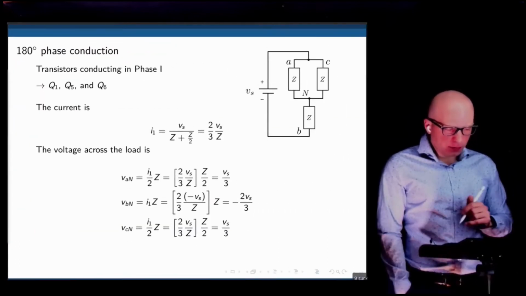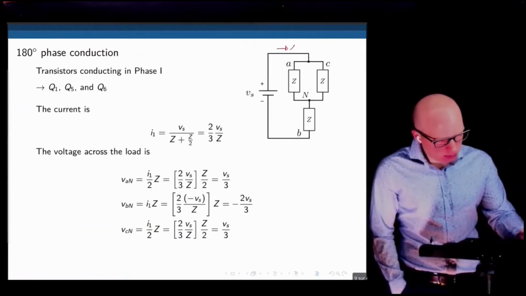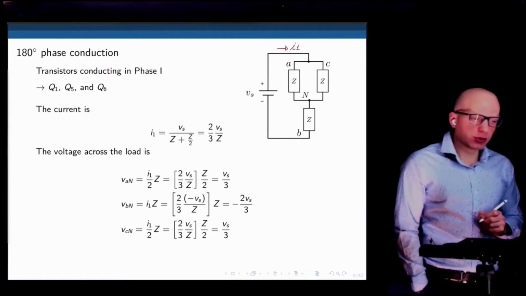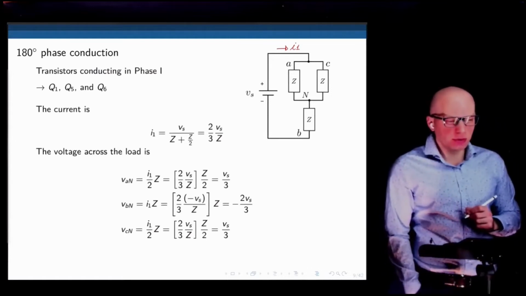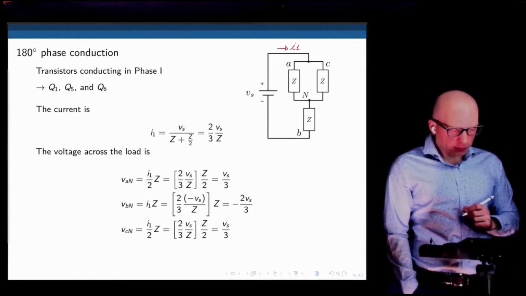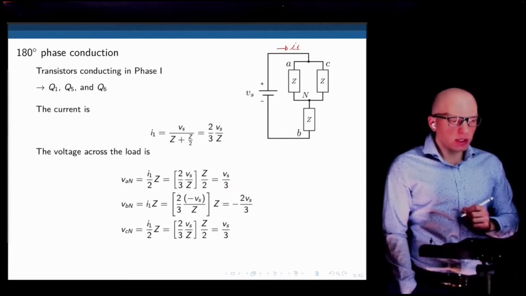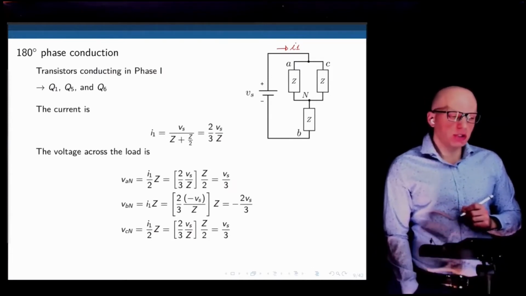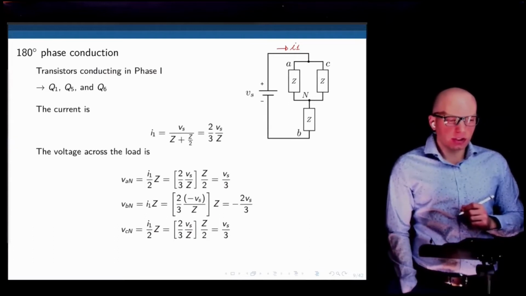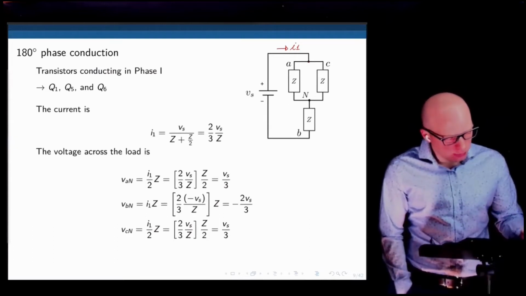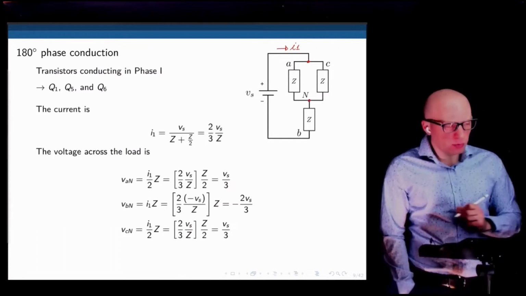Okay. So if this is the current I1 flowing through the source and through the load, we have 2/3 of Vs over Z. And now we can calculate the respective voltages across each branch of the load. Starting with point A with respect to the neutral, what is the voltage there?